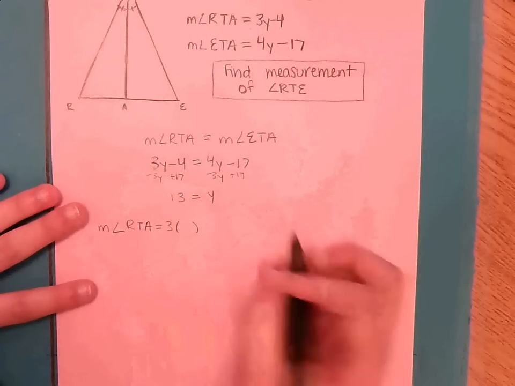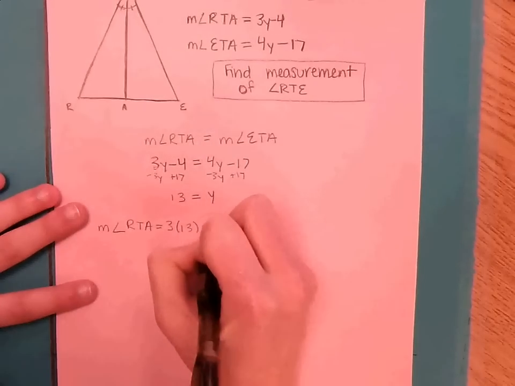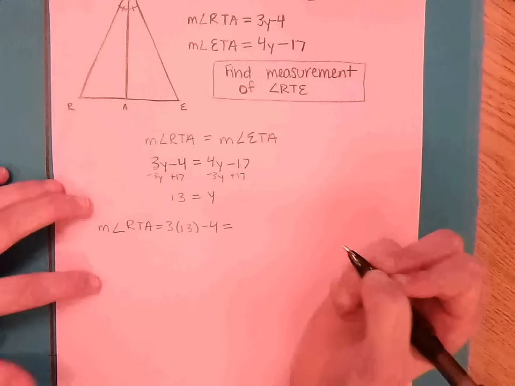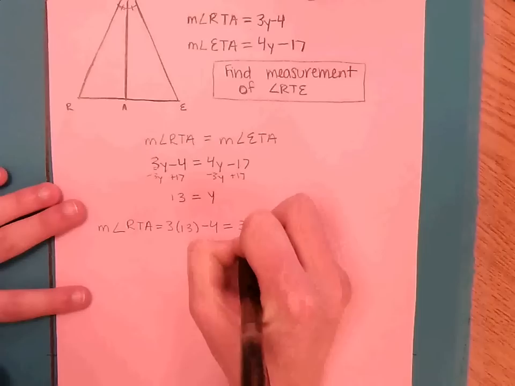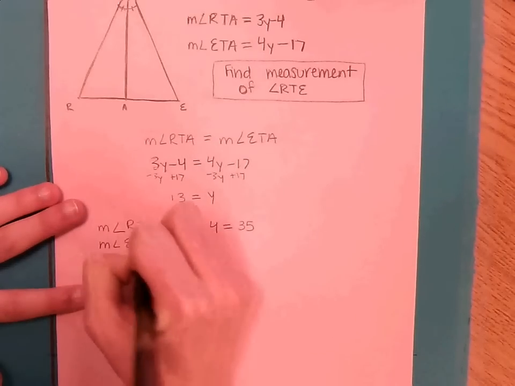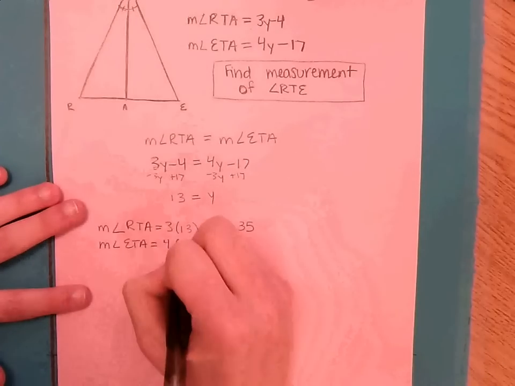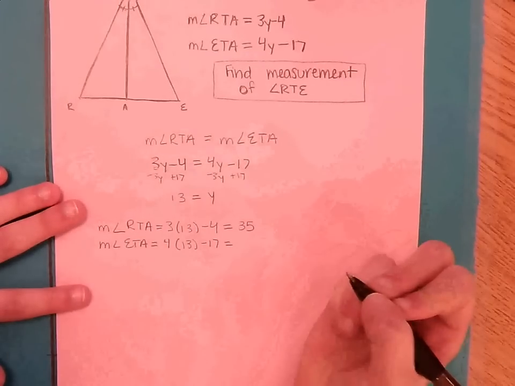So I'm going to put 13 inside of that parentheses, and subtract 4, which is going to give me a total of 35. And then the measure of angle ETA equals 4 times y, and we found y to be 13. So plug in 13 again, minus 17. And that as well is going to give you 35.